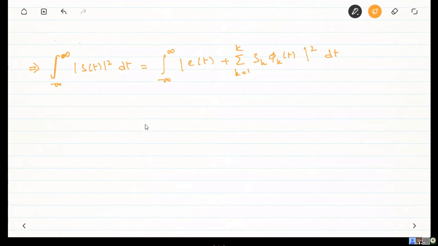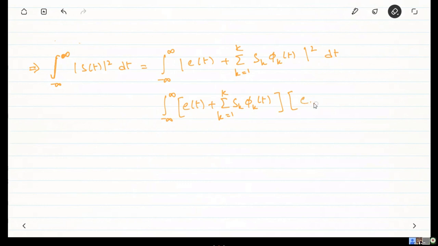So this right hand side is nothing but the integral from minus infinity to plus infinity of E of t plus summation sk phi k of t, multiplied by its conjugate, E of t plus the summation over k equal to 1 to capital K of sk phi k of t conjugate, dt.